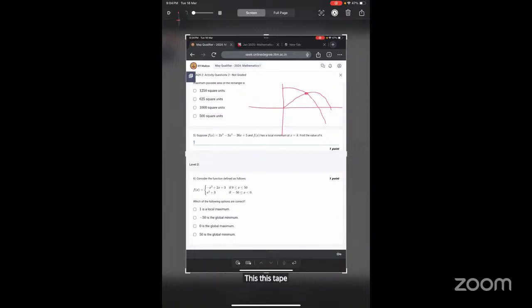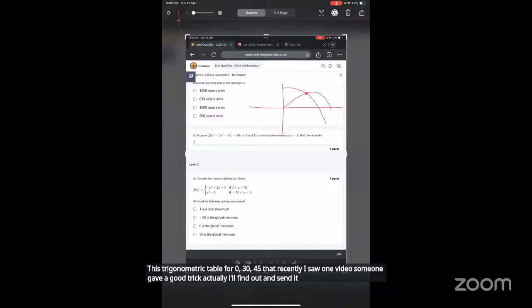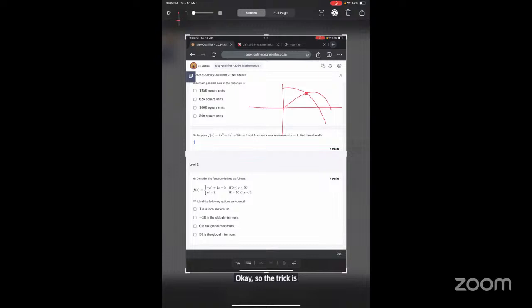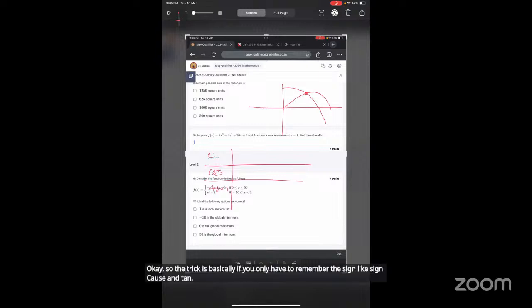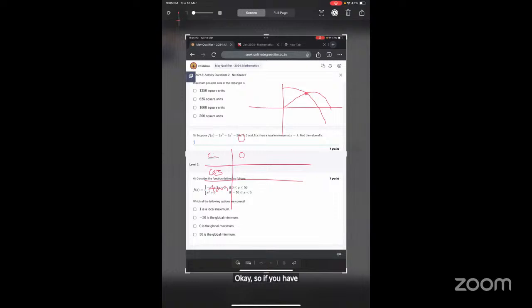This trigonometric table for 0, 30, 45, I recently saw one video where someone gave a good trick. I'll find it and send it across. The trick is that you only have to remember the sine values: 0, 1 by 2, 1 by root 2, root 3 by 2, 1.